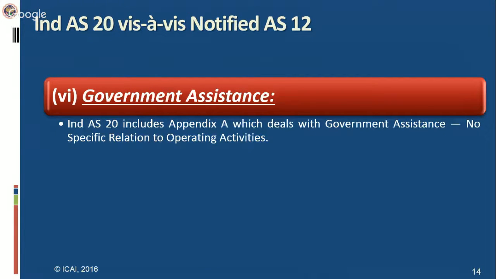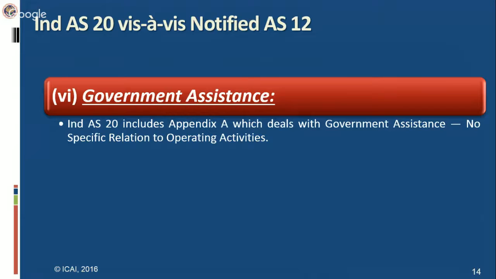Government assistance. Ind AS 20 includes Appendix A, which deals with government assistance. Government assistance, as we have already explained, is something in the form of an action of government and not in the form of money. We cannot place any value on it. Though sometimes non-monetary assets are also in the form of government grants because we can place a value on them. However, certain actions of the government on which we cannot place a value are government assistance.